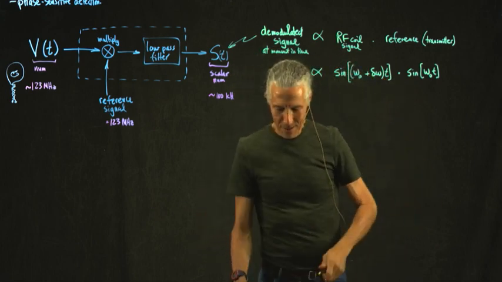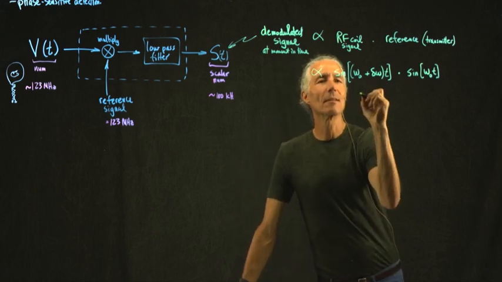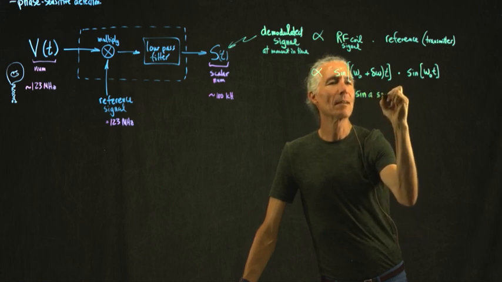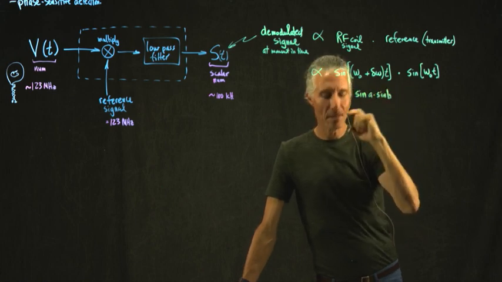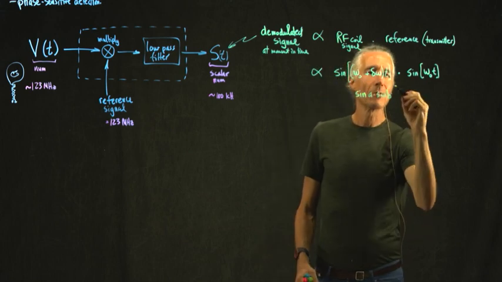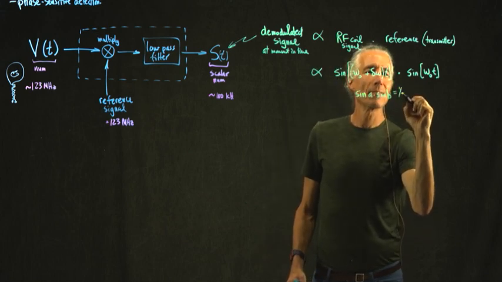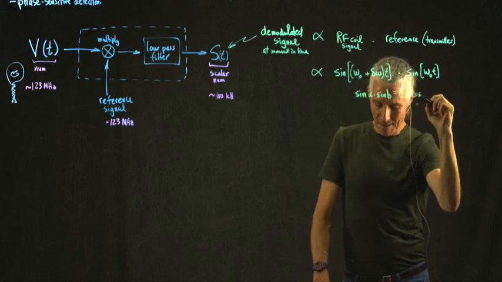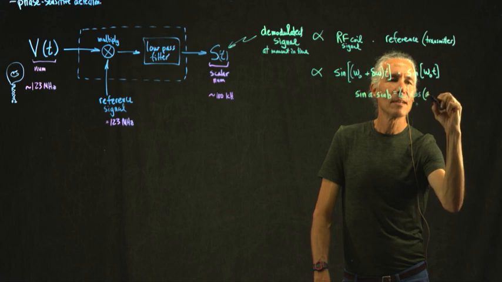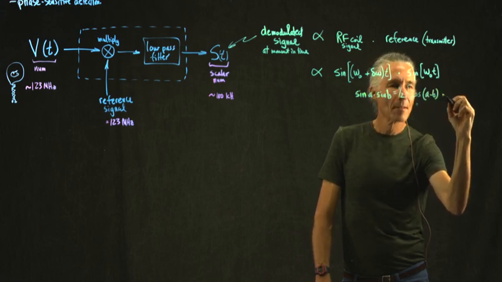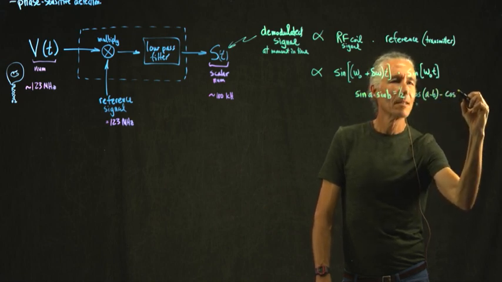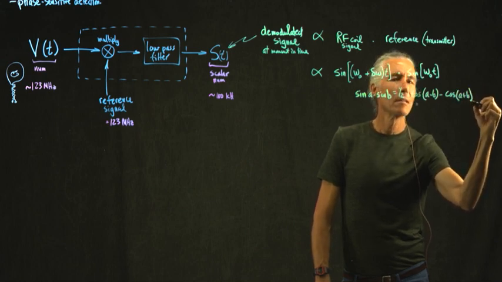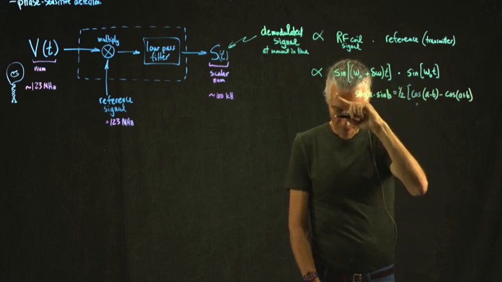Well, we can use some trigonometric identities, and here are two of them. If we take sine A times sine B, that is equal to 1/2 cosine of A minus B minus cosine of A plus B. And here's another one, sine times cosine.